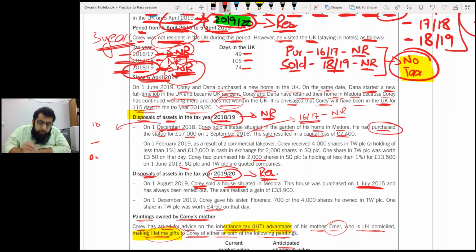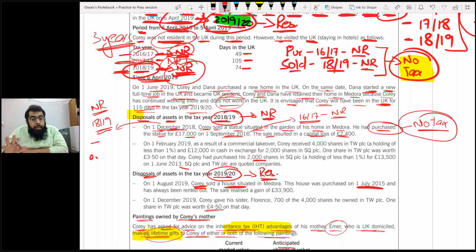And in that year also he is non-resident. If you purchase and sell an asset while you are non-resident, then there will be no tax on it.